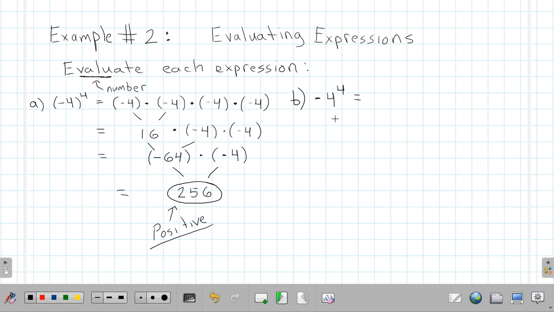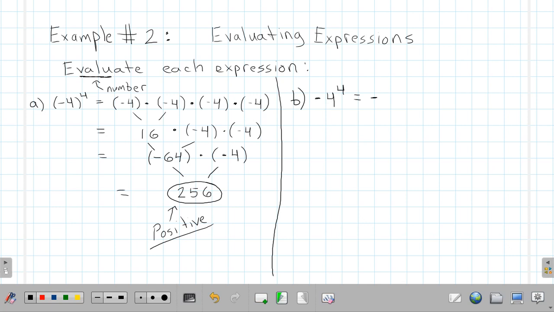Okay, so part B has the same numbers here, so we have -4 to the 4th power, but you'll notice the parentheses are missing. Let me separate these with a line here so we don't get them mixed up. You notice there's no parentheses with this expression. This is where, once again, the parentheses are important, because since we do not have parentheses here, that now tells us we have this negative out here.